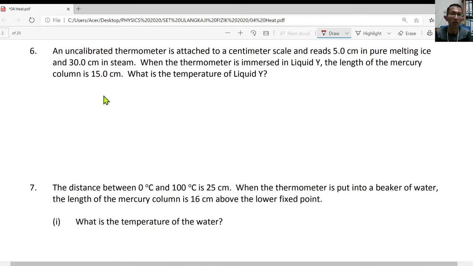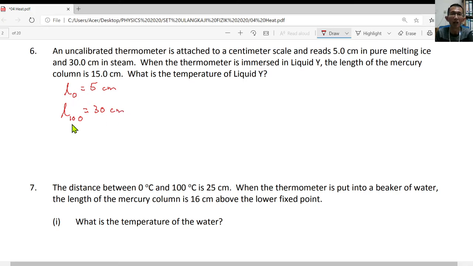Here is a question on an uncalibrated thermometer. An uncalibrated thermometer is attached to a centimeter scale and reads 5 cm in pure melting ice and 30 cm in steam. Meaning, the length of the mercury column at 0 degrees Celsius is 5 centimeters, and the length at 100 degrees Celsius is 30 centimeters.